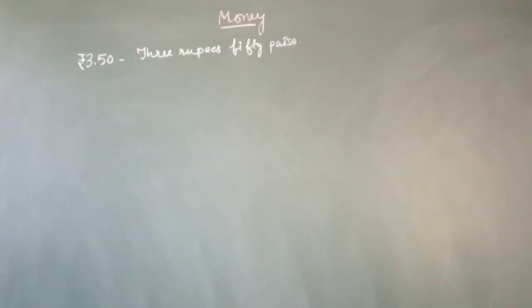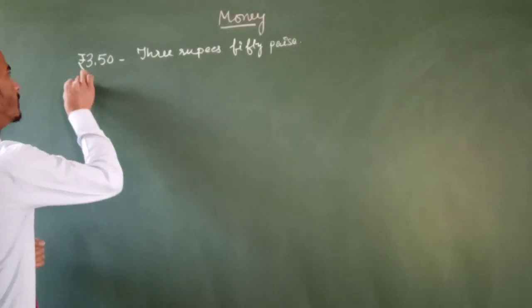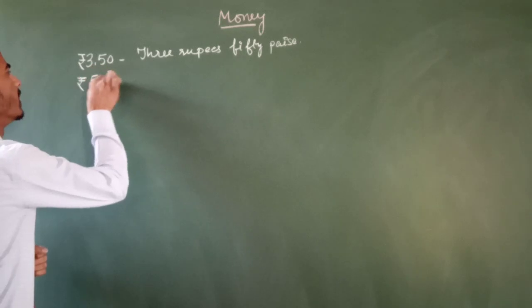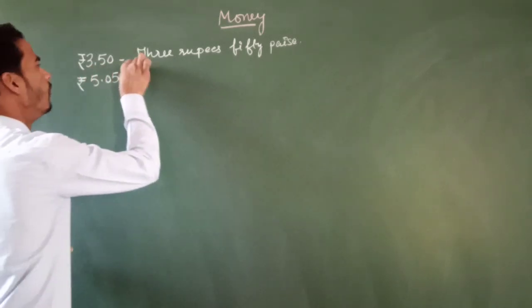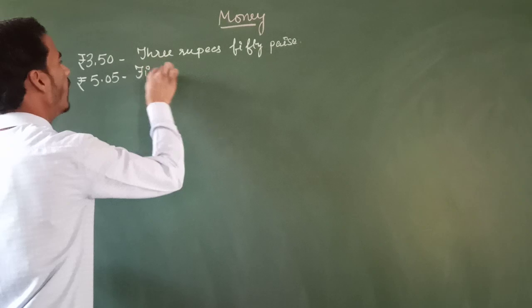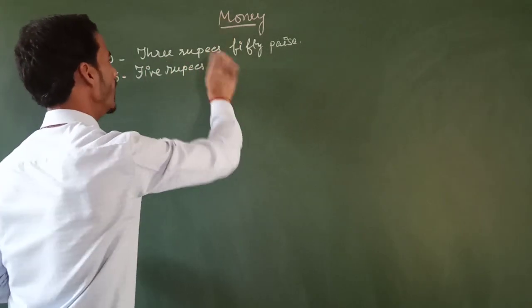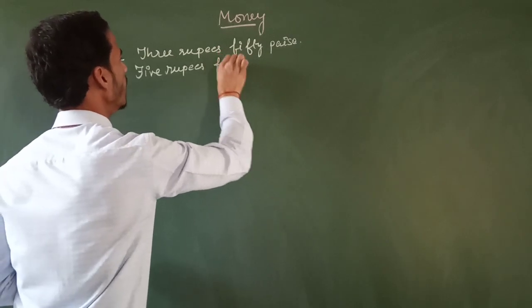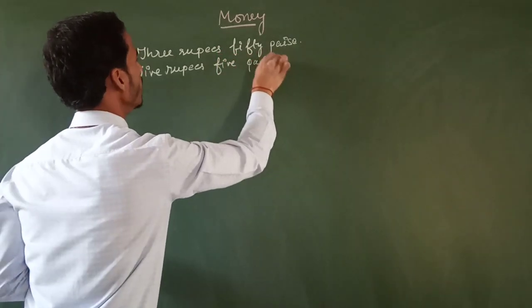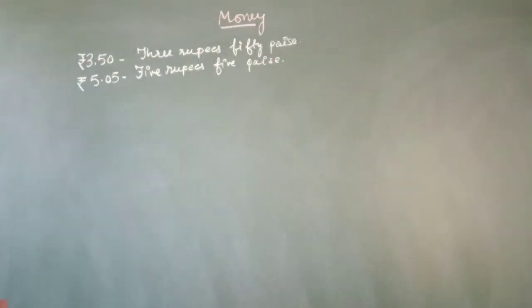Okay, and if the paise are less than 10, write a 0 after the dot. What I am saying is, if the amount of paise is less than 10, for example 5 rupees 5 paise, write a 0 after the dot.